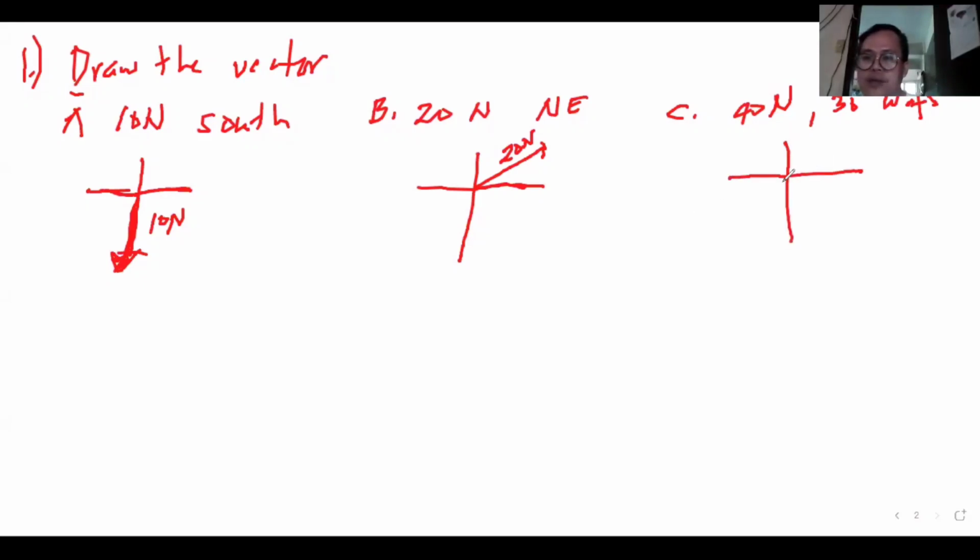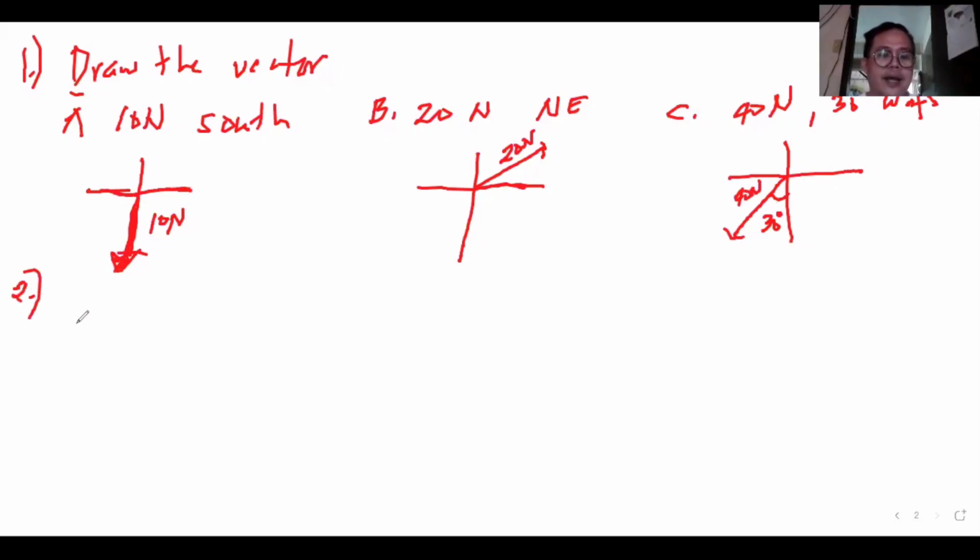West of south is in the third quadrant, right over here. That's why it's very important to memorize the directions. So this is 30 degrees and this is 40 Newton. We have already drawn our vectors.